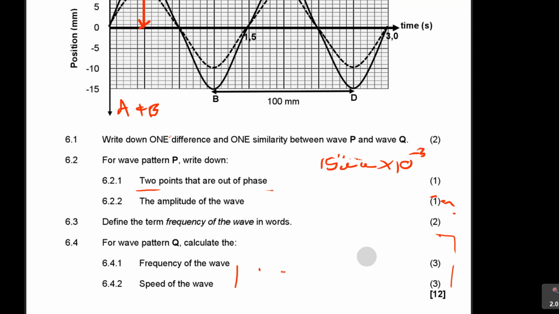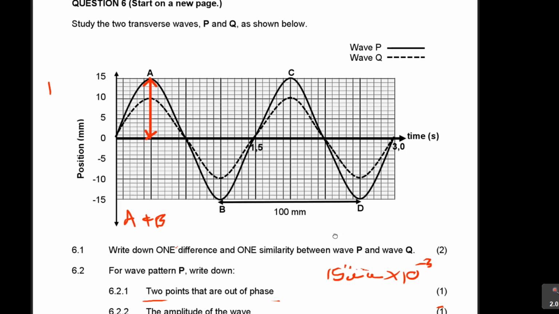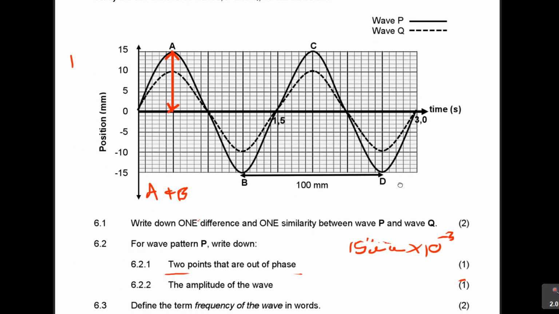And then continue. For wave pattern Q, calculate the following: the frequency of the wave. Now we're in pattern Q. We want to find the frequency of the wave. Now, they are given time, and you can use the concept of period.